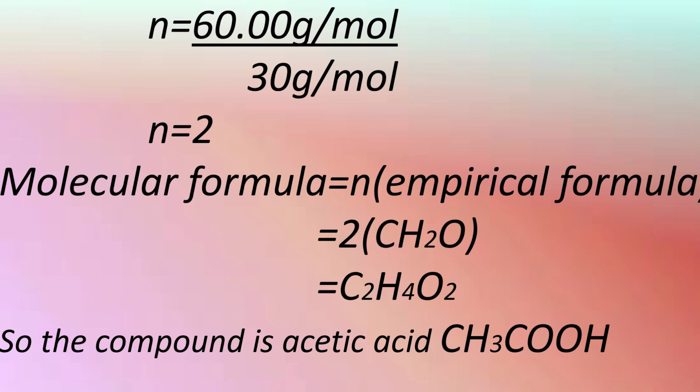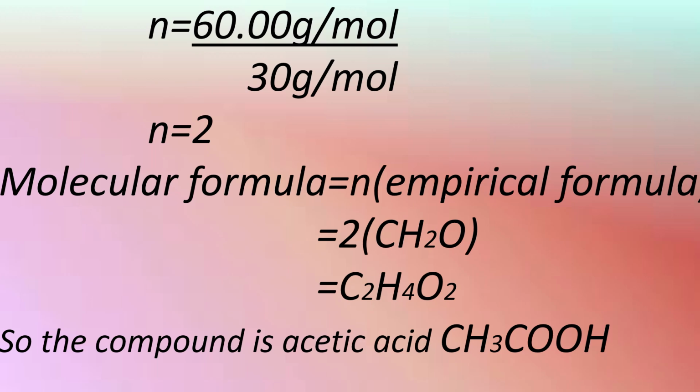Now the value of n we will calculate by dividing molecular weight by empirical formula weight. 60 gram per mole divided by 30 gram per mole, n value appears 2.